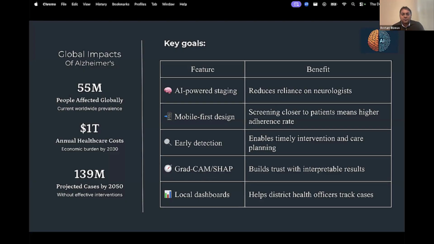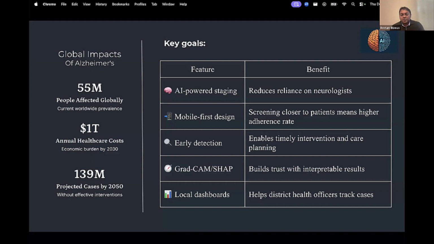The key goal for this model is to reduce the dependency on neurologists in some cases. It also provides screening and patients with a higher adherence rate. Especially for Alzheimer's type diseases, early detection helps a lot to enable timely intervention and clear planning.